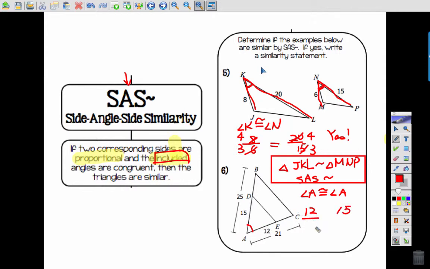In the bigger triangle, I list out the shortest, 21, to the longer one, 25. And now if I reduce it by 3, I would have 4, and that's 7. 5, yep. So these two do not equal each other, and the answer for this one is no. These two triangles are not similar. Okay?